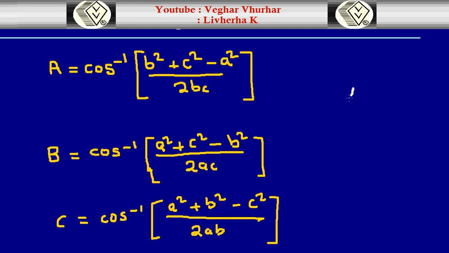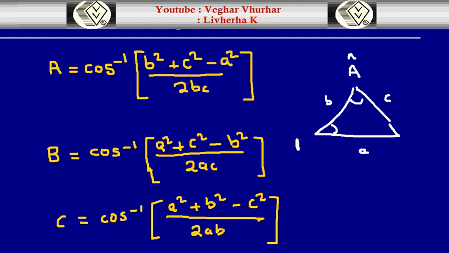So let's look at the case where you want the angle. In the case of an angle, you will need to have all the magnitudes to calculate the angle. So let's say this is an angle, you are looking for angle a, you must have the magnitude of a, magnitude of b, magnitude of c.